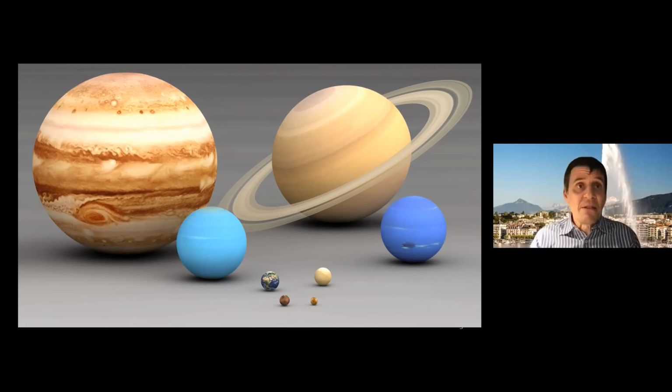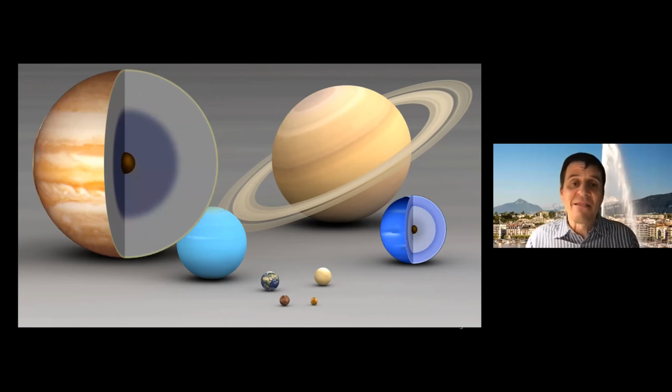Well, what is interesting, if you imagine you cut the planet and look at what is inside, especially the giant planets, is that from the outside, they look like a big sphere of gas, in a sense not very different from the sun. In the case of Jupiter, which is 1,000 times less massive than the sun, we still have the same kind of gas you have in the sun, which is hydrogen and a little bit of helium.